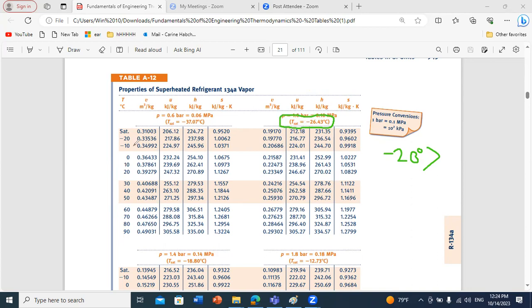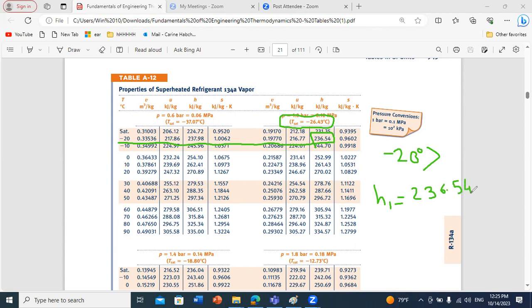Since our temperature is minus 20 degrees, we can read here the enthalpy value at the inlet. H1 at the inlet of the compressor is 236.54 kilojoule per kilogram.